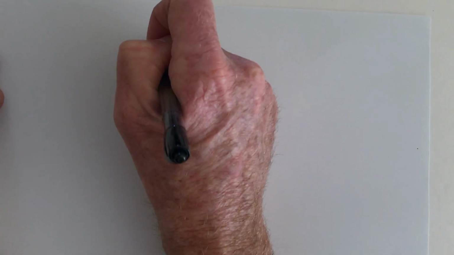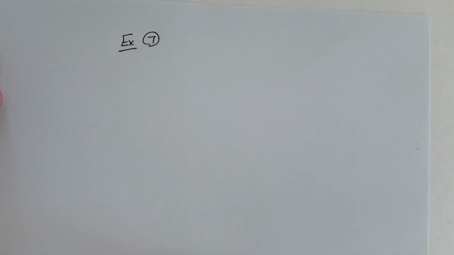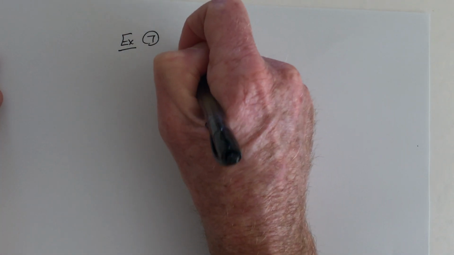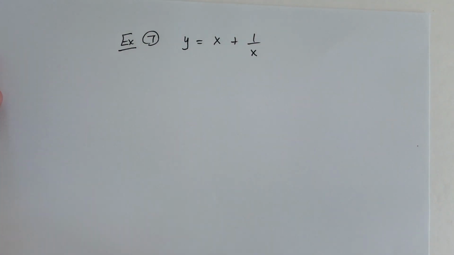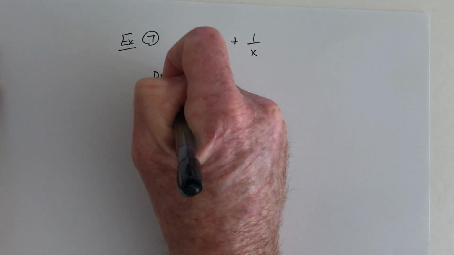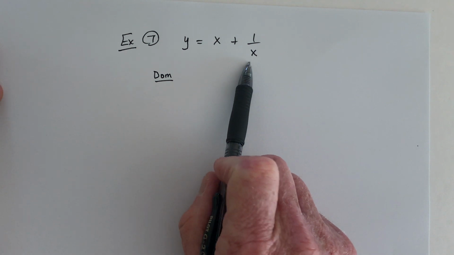So this is example number 7, and it's going to be y equals x plus 1 over x. As far as the domain, this has division. That means that the bottom cannot equal 0.